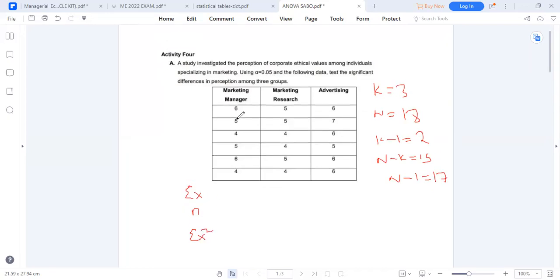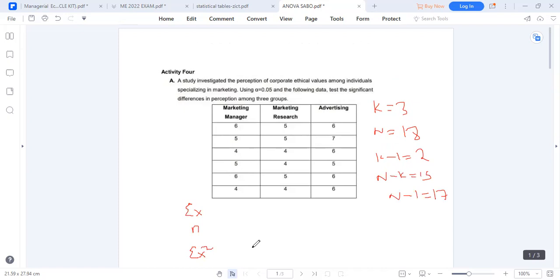What is our total here? 30. 27. Next one. The last one is 36. And how many are there in each? 6, 6, 6. And here, what is the total? Square total.